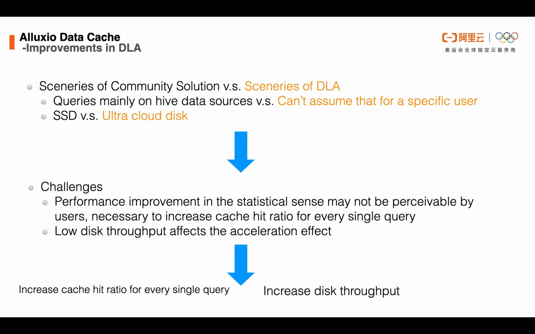So if the performance improvement is in the statistical sense, the user may not feel it. So in order to make these users feel the improvement, we need to increase the cache hit ratio for every single query as much as possible.